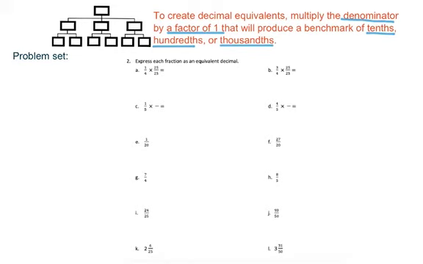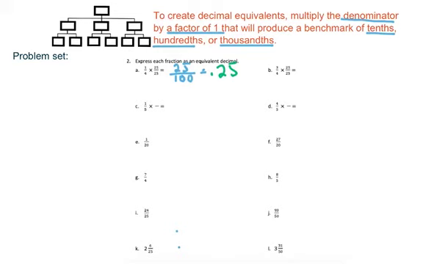So I'm going to ask myself, can I get that denominator to 10, can I get it to 100, or can I get it to 1,000? For example A, we did this: 1/4 times 25 over 25 would be 25 over 100, which is equal to 25 hundredths.